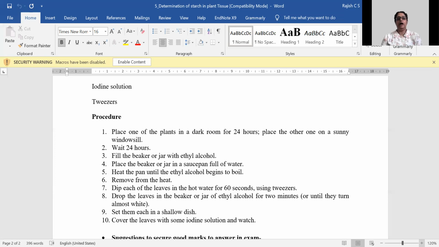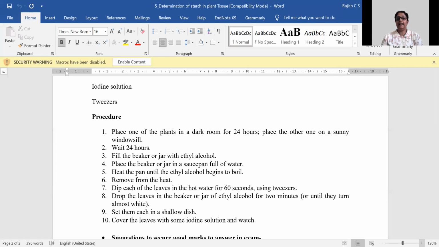And now what we will do is, we will keep the beaker in a saucepan full of water, and then it will be filled with ethyl alcohol, and then we will heat up the ethyl alcohol until it begins to boil.